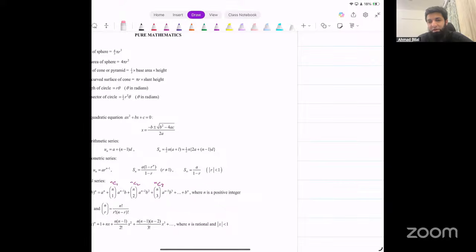So if it's a bigger question, maybe 1.5 minutes is what you should spend initially. And if you can't figure it out, maybe 2 minutes. And if you cannot figure out any direction for the question in 2 minutes, as in which direction you should go in, it's a good idea to skip that part in the first go. Move on, come back to that later. You can always come back later. But for shorter questions, you can just start in about 15 to 20 seconds.